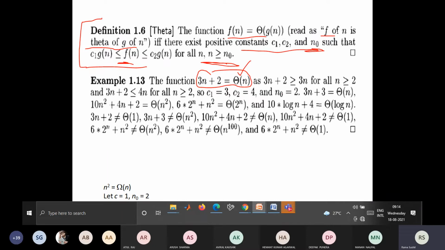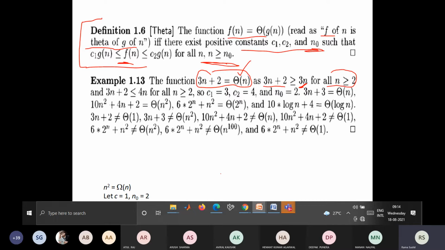So it's all about finding the constants and n0. Why is it said? Because you are able to show that 3n plus 2 is greater than 3n for all values of n greater than or equal to 2.